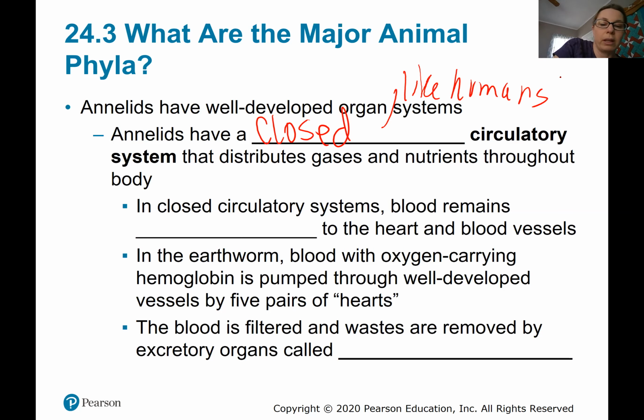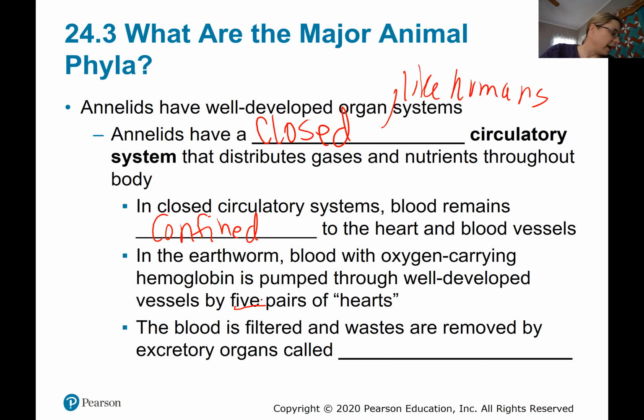So in the closed circulatory system, blood remains confined to the heart and the blood vessels. An earthworm, for example, has 5 pairs of little pumps or primitive hearts.